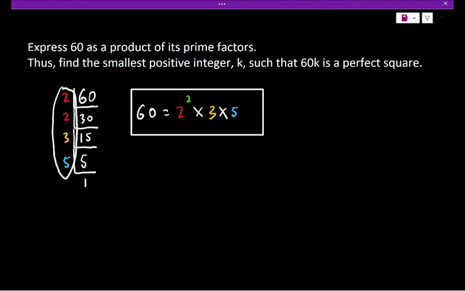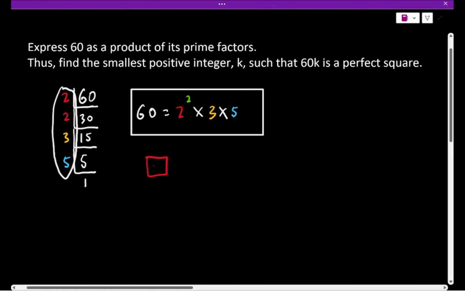So let's visualize this a little bit. We have 60, which is 2 to the power of 2 times 3 times 5, which we can represent using blocks. So we have one block of 2 times 2, another block times 2. We have one block times 3, and one last block times 5.